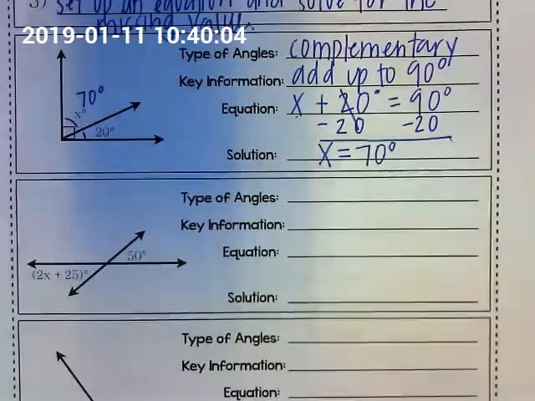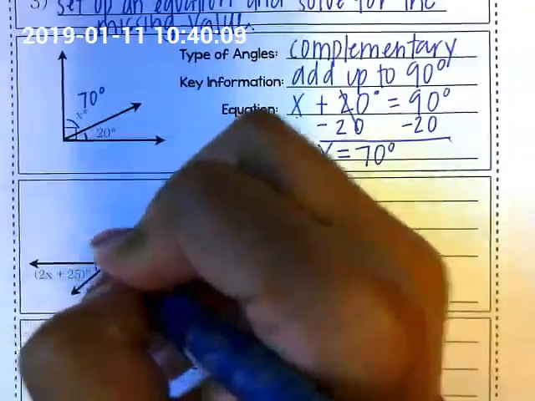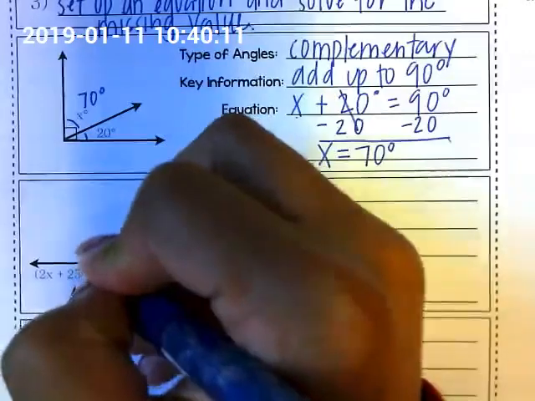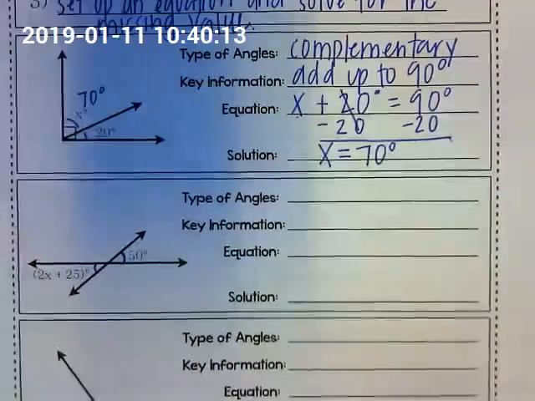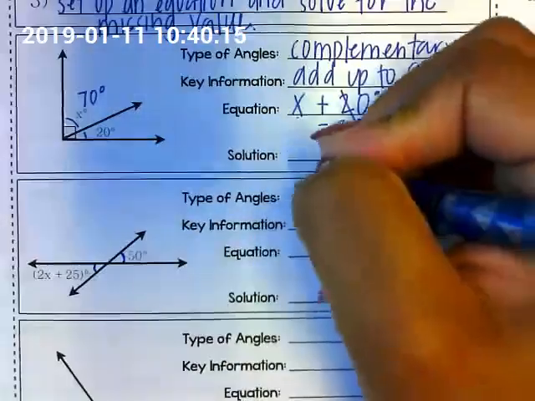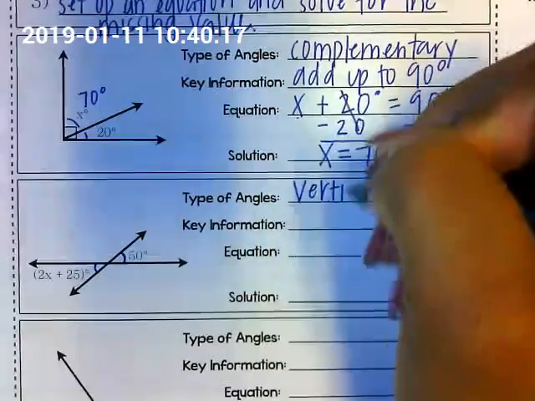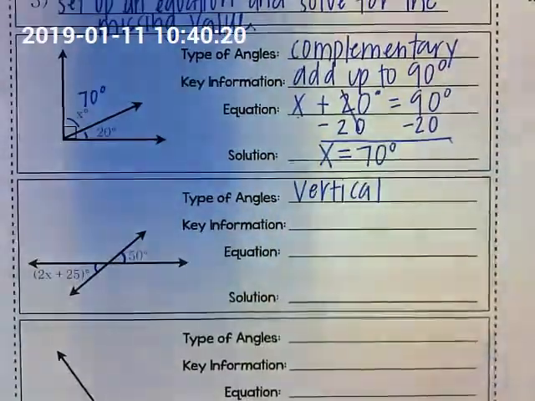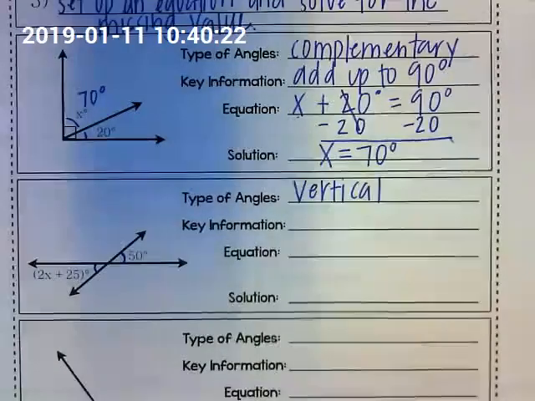All right. Looking at the next one, these two angles are across from each other. So what type of angles are these? Vertical. They're made by two intersecting lines.